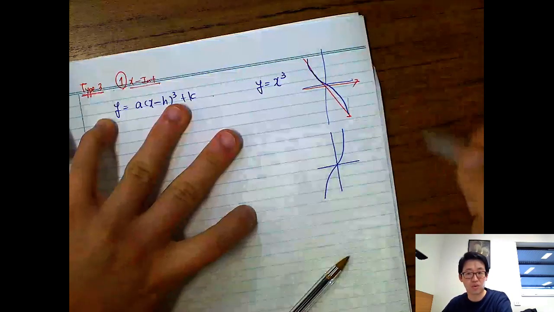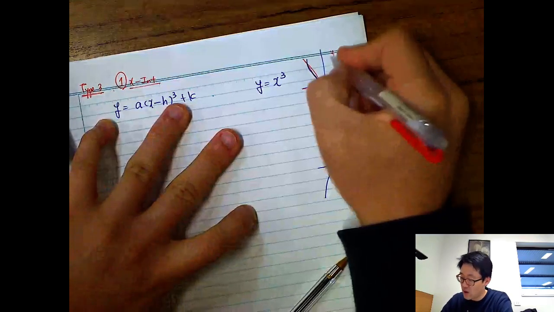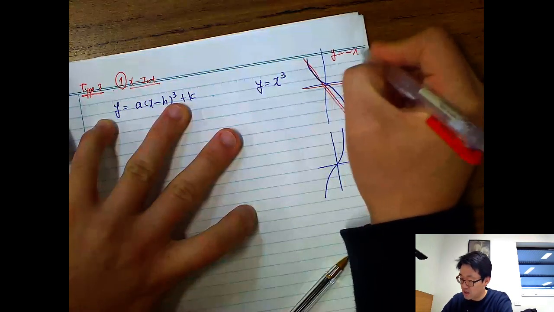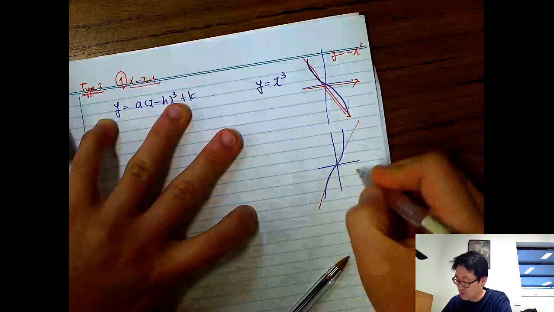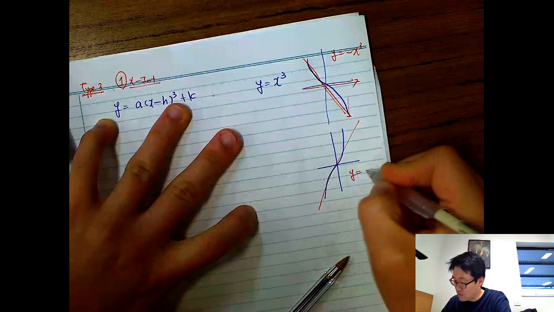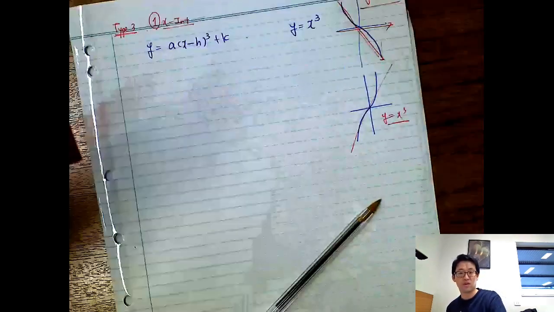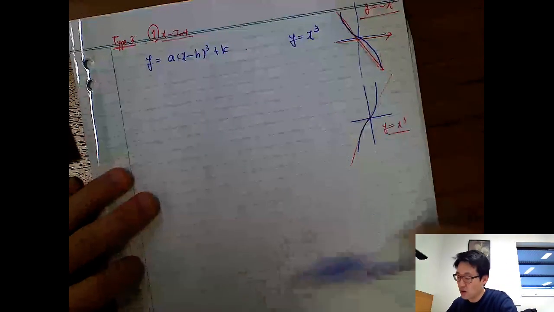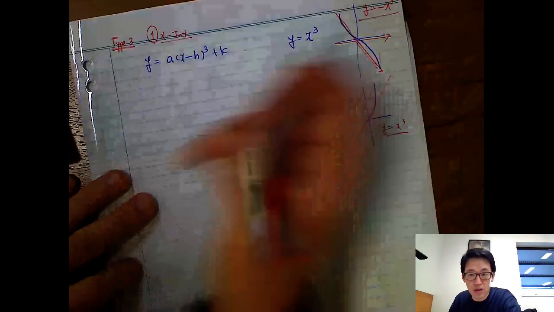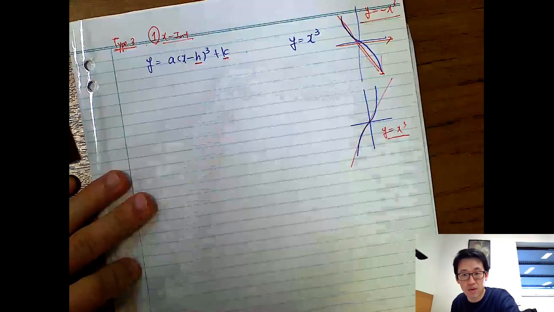You can just draw one line and I can see that it's going down, a negative graph. Y equals minus x cubed. This one going up, passing through here, is the y equals x cubed graph. Let me check that again. Do you understand?